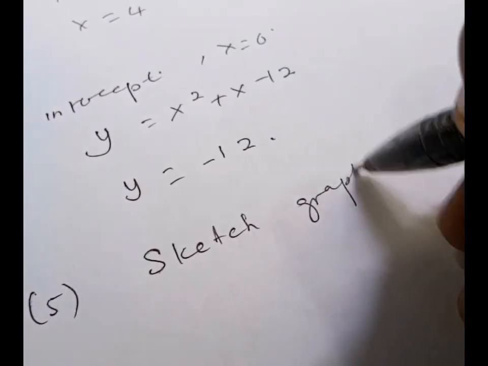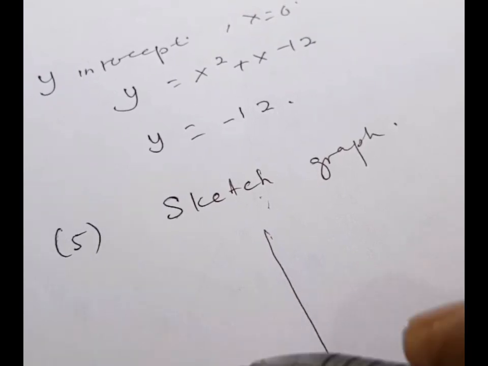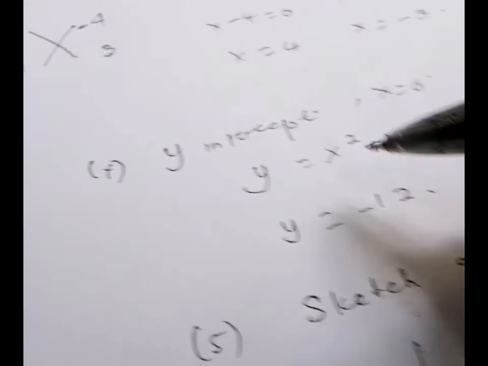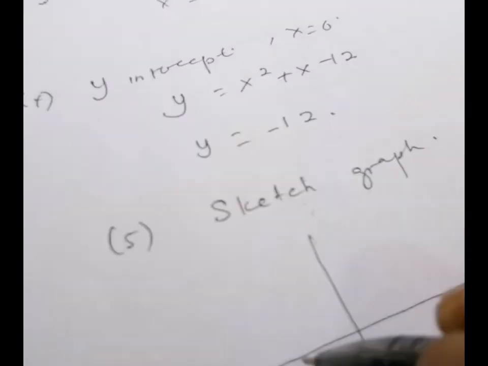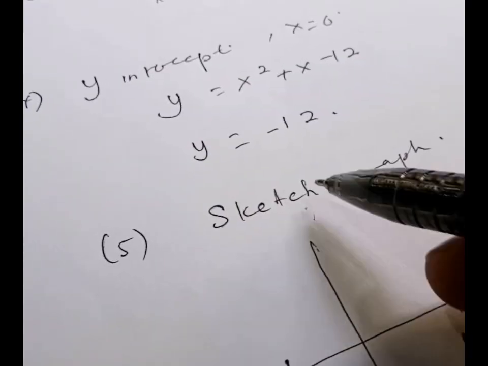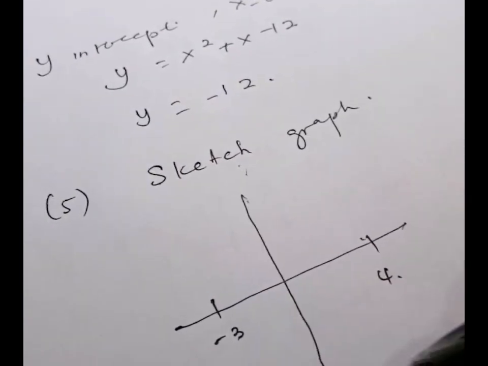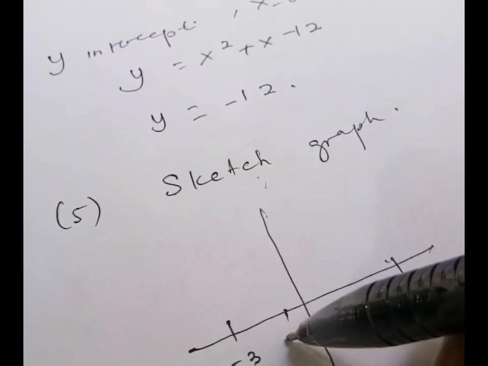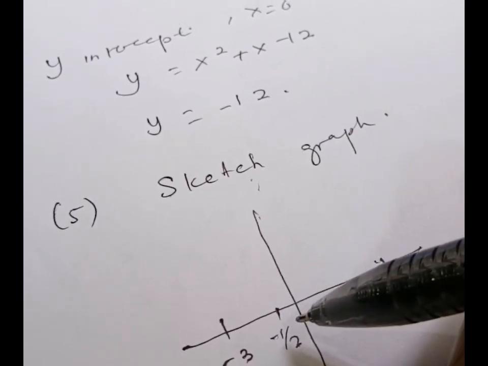Since the shape has a minimum like this, and the x-intercepts are 4 and minus 3, minus 3 here, 4 here. The y-intercept is negative 12, here. And the vertex is negative half and negative 49 over 4.